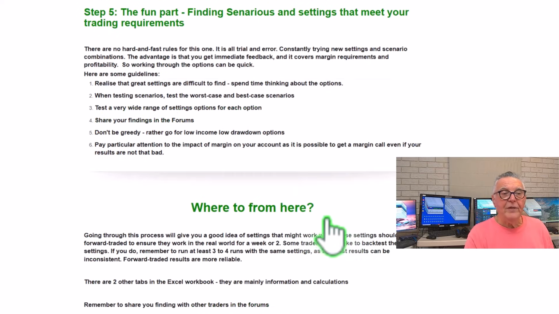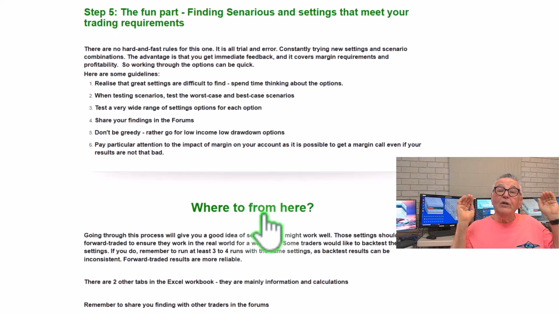And then we say where to from now. Remember, those are settings that we've determined theoretically. What you now need to do is trade them forward for a week or two and apply such tests that allow you to gain confidence to trade this particular EA live, based on this exercise and your forward trading.